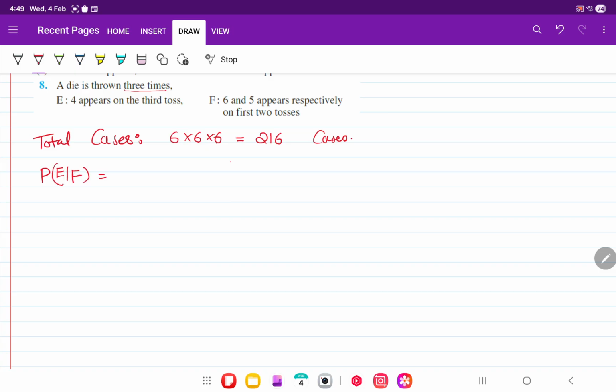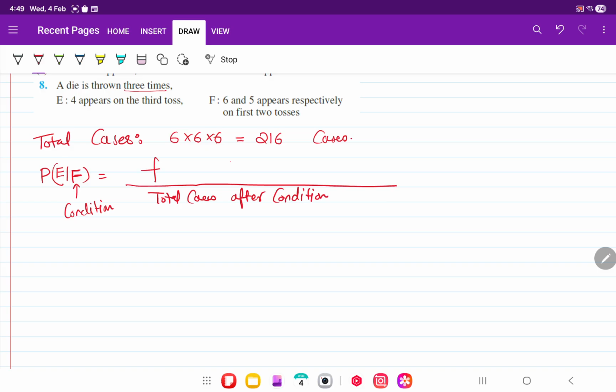F is a condition. What is the formula that we usually use? We use total cases after condition, remember that, after condition.